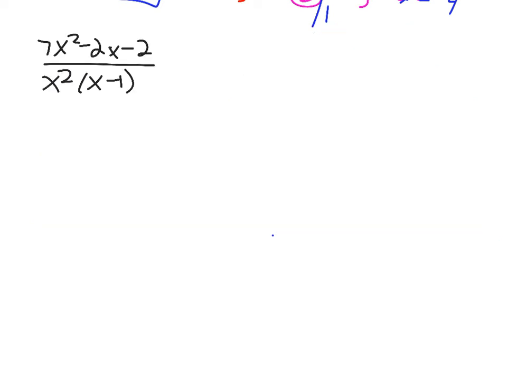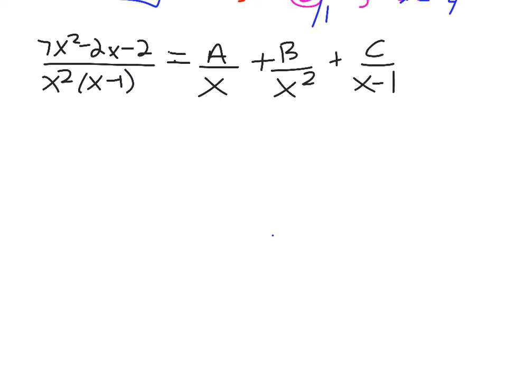So for 3b, I have here my fractions are going to be a over x, b over x squared, and c over x minus 1. Okay, so I need to multiply the first fraction by an x and an x minus 1.